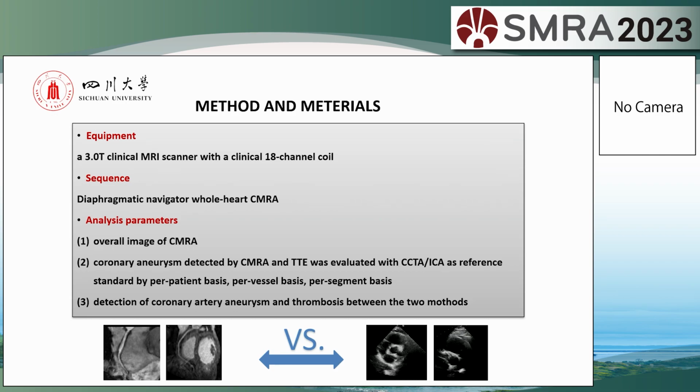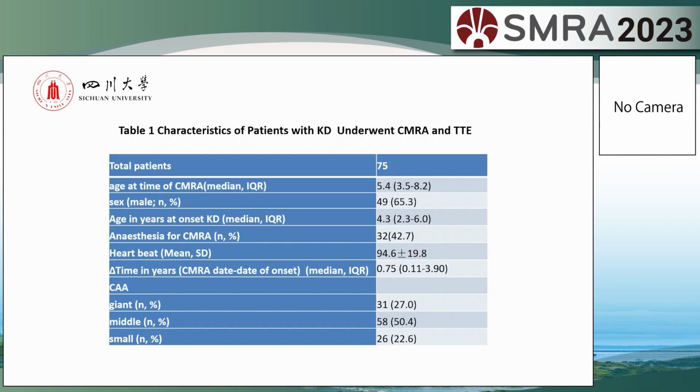The diagnostic performance of CMRA and echocardiography was evaluated with CCTA or ICA as reference standard by per patient, per vessel, and per segment basis. The distribution of coronary aneurysm and thrombosis were recorded and compared between 2 methods.